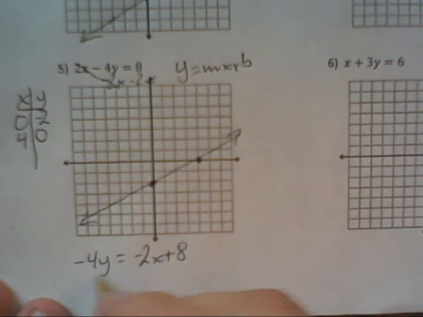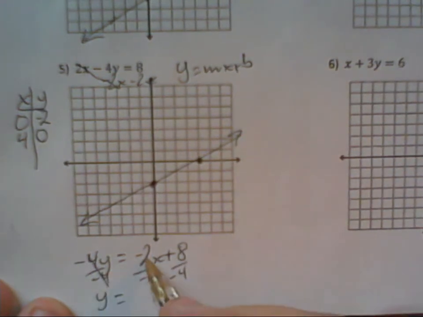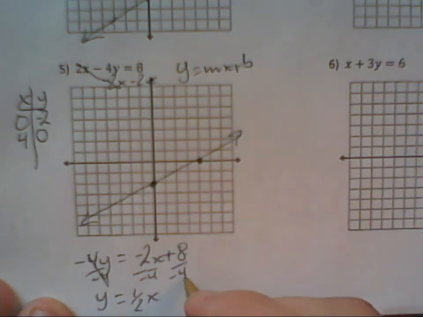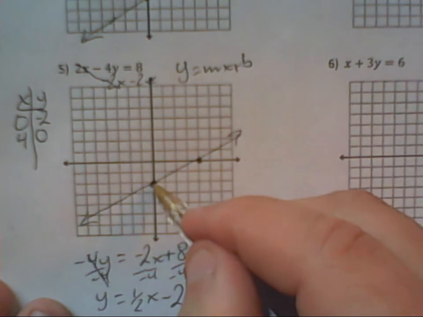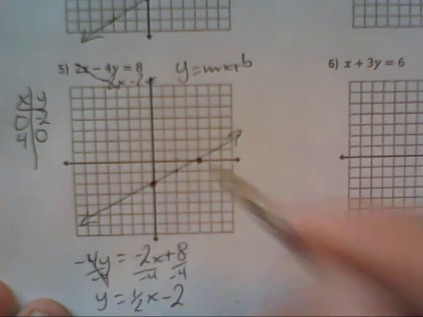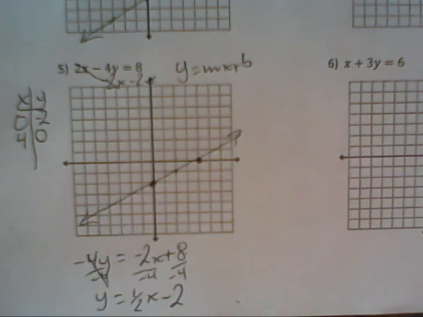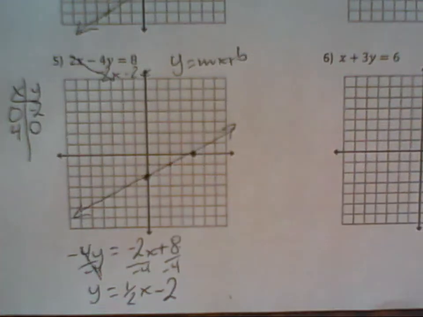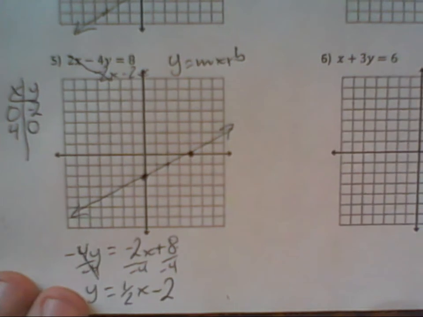And then if I divide everything by -4 to get rid of the -4 in front of the y, y is going to equal -2 over -4, which is 1/2 x, and then 8 divided by -4 is -2. And this would start at -2, and the slope would be up 1 and over 2, up 1 and over 2. Either way you graph it is fine. Both of those ways will work.